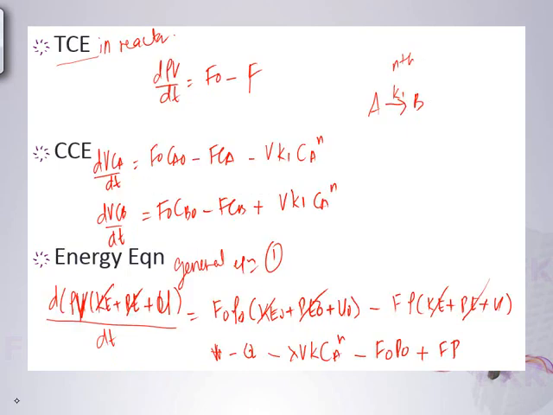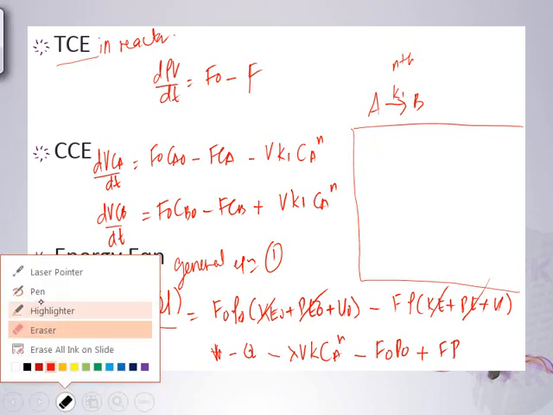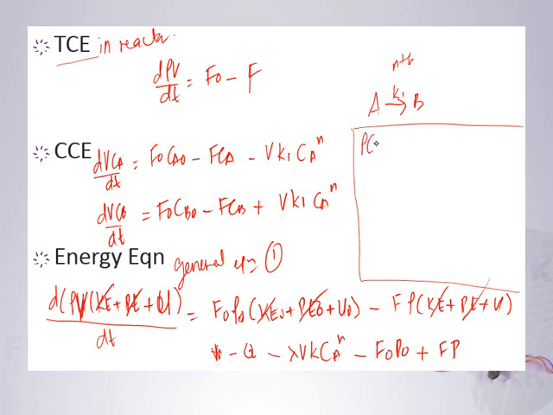Now, let's do a small part here. Rho CP dVT on dt is equal to F naught rho naught CP naught T naught, correct?